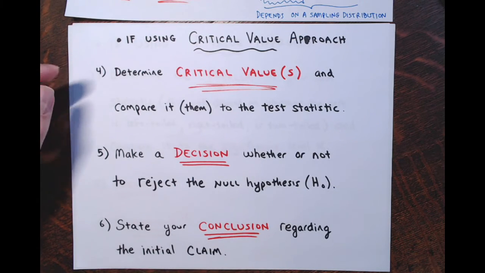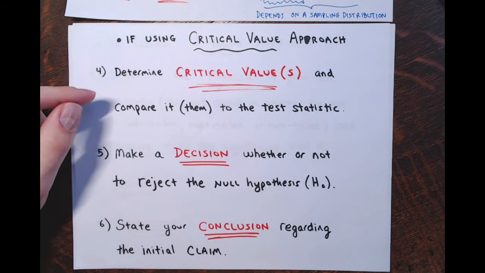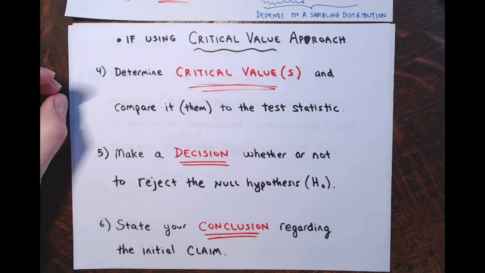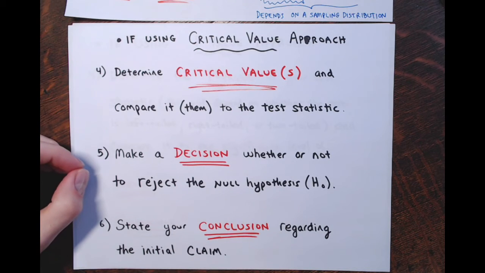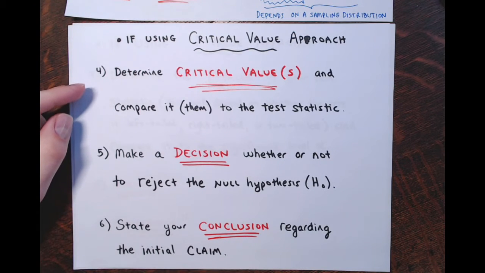And you compare these critical values to your test statistic. And depending on how they compare, then you'll make a decision. Step 5, you'll make a decision on whether or not to reject that null hypothesis. You'll either reject it or you won't. And it's again based on how the critical values compare to the test statistic.